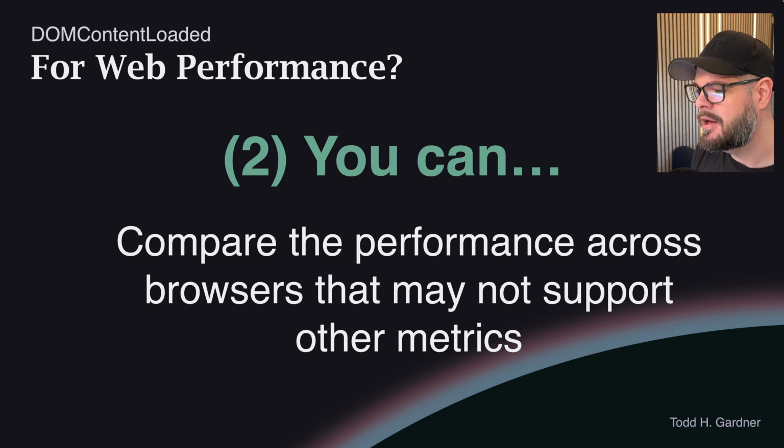So if you're supporting some older browsers or browsers that haven't implemented all of the newer web performance metrics, you can use DOM content loaded and compare it between Chrome and Safari and Firefox and Opera and whatever else you care about to see, hey, is Safari as fast at parsing the document as Chrome? And then make some assumptions based on the other metrics from there.